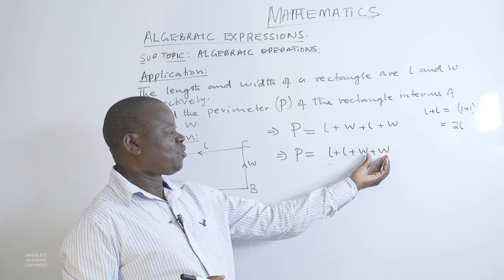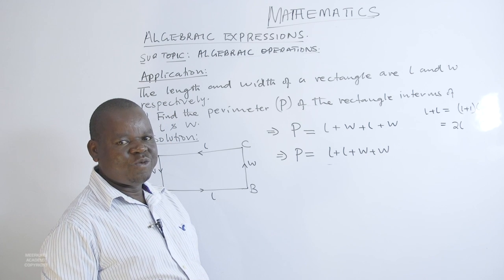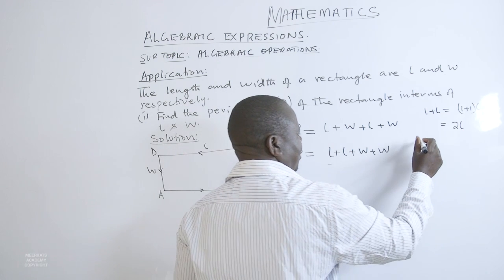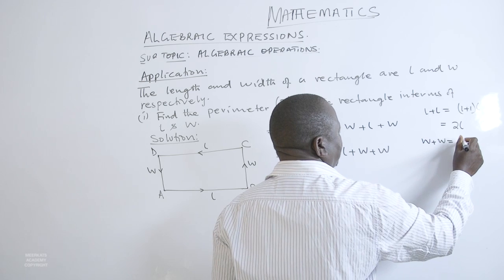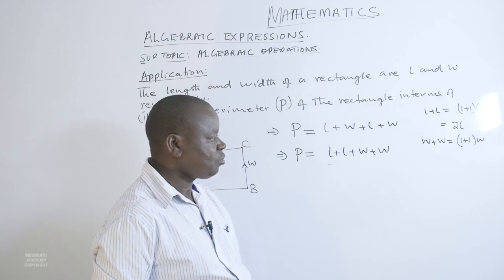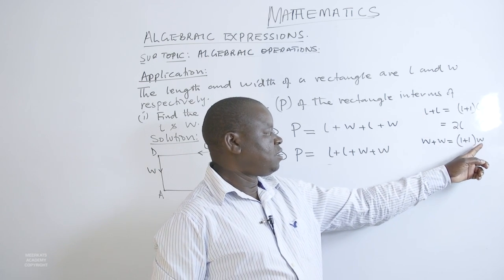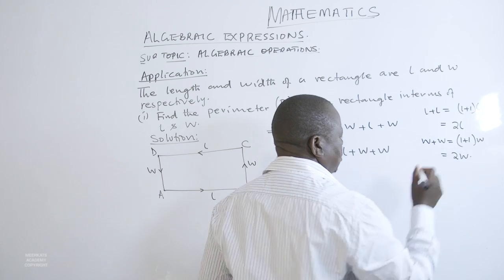Similarly, we can use the same procedure to simplify the operation in the pronumeral W. We have W plus W is equal to 1 plus 1 multiplied by W. 1 plus 1 is 2, so we get 2W.